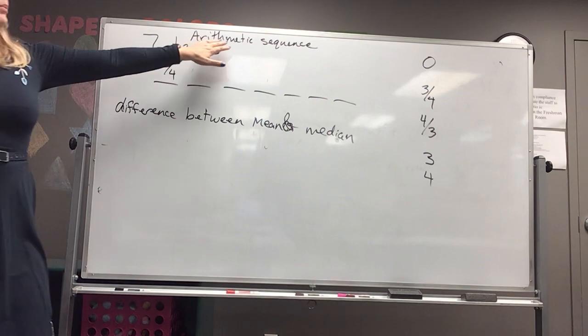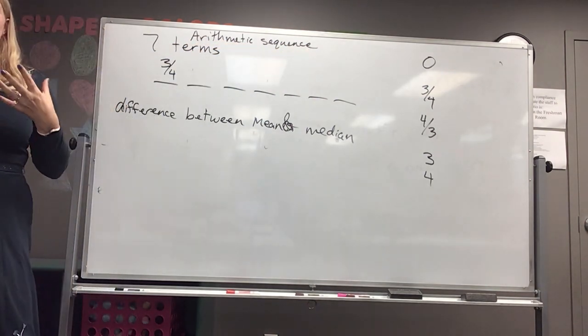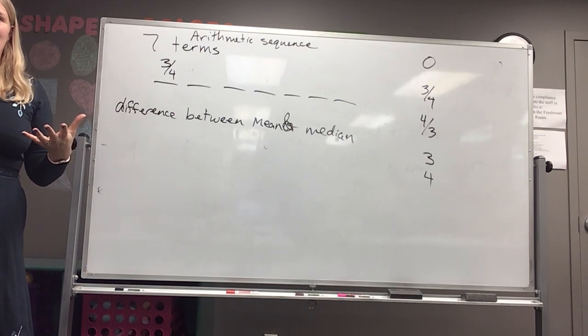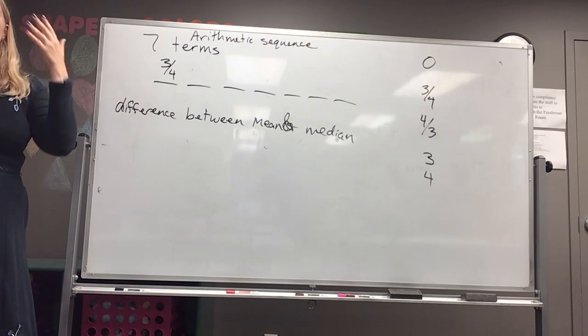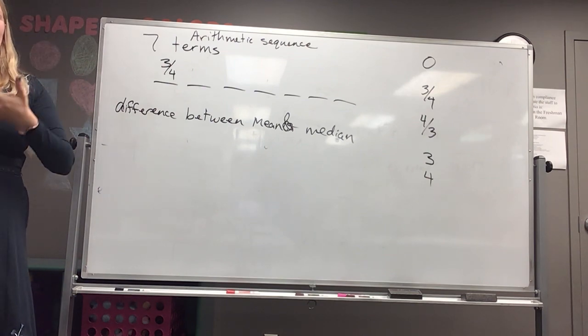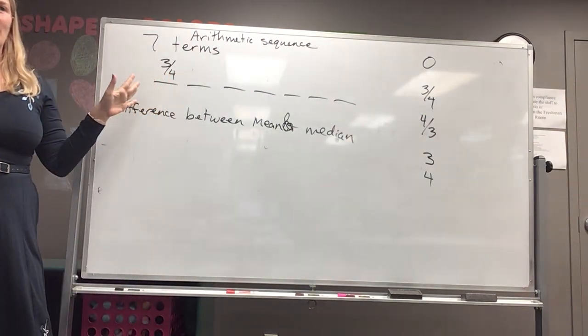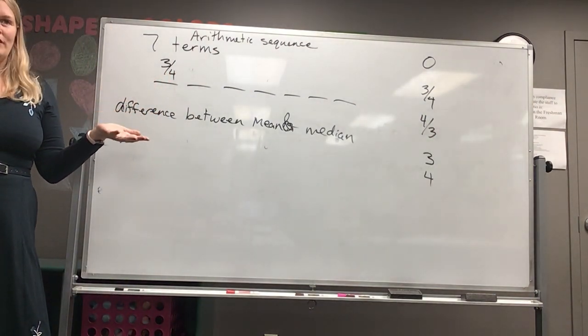So, arithmetic sequence. What makes it an arithmetic sequence? What is the defining characteristic? Isn't it adding or subtracting? They're either adding or subtracting, but it's always the same number. It's always the common difference. So we have no idea what they're adding or subtracting here. You could make up anything you wanted.